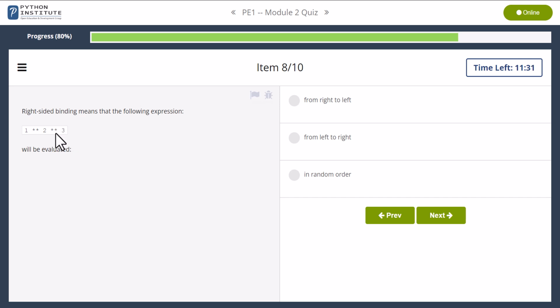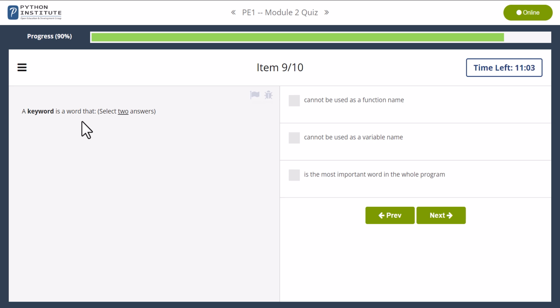First, this operation will be performed. 2 to the power of 3 means 8, and then 1 to the power of 8. For this specific example, the result actually would be the same, whether it's right-sided or left-sided. But of course, the correct answer for exponentiation is from right to left. And of course, with different numbers, the results would differ.